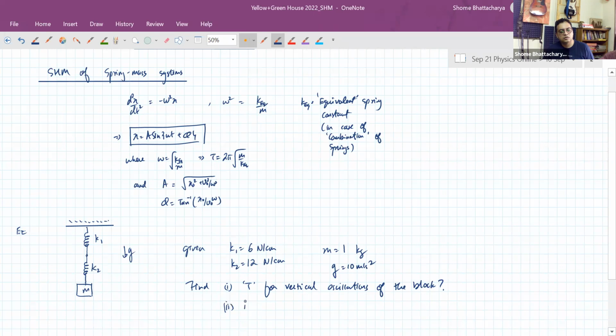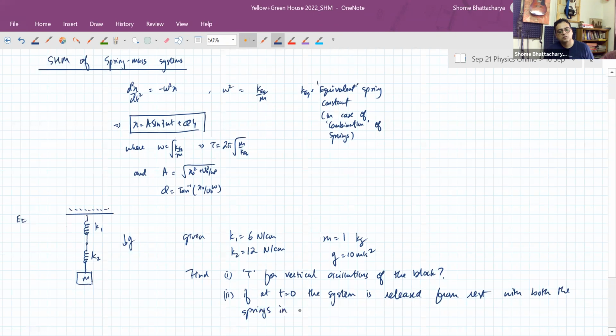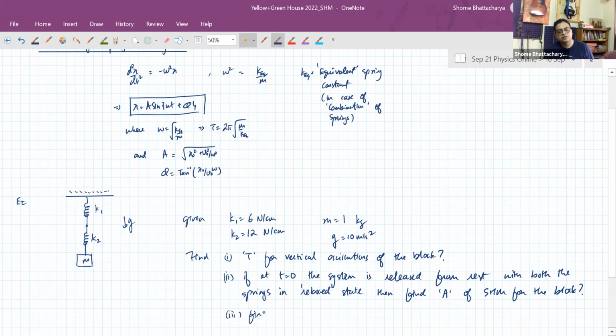Secondly, if at time t equal to 0, the system is released from rest with both the springs in the relaxed state, then find the amplitude of SHM for the block, and find the maximum extensions of each spring in the case of the second part.